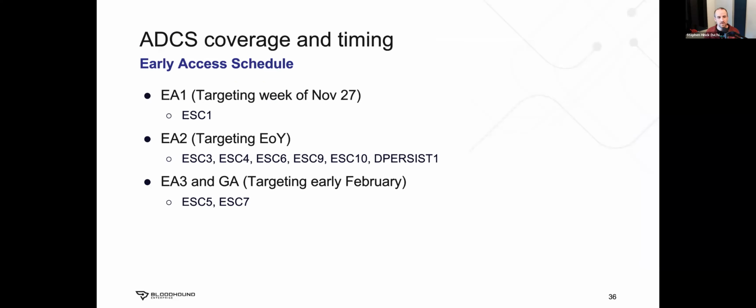So what Andy just covered, specifically ESC1, is going to be, fingers crossed, quality to be confirmed, releasing sometime next week. We are hoping for Wednesday, Thursday. Now, if we can't get things to where we want them, that'll get pushed out, but that's our goal.